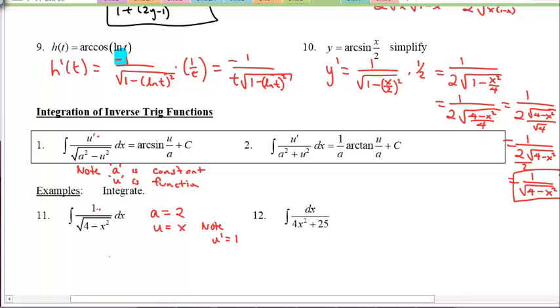So what does this all mean? It means I can directly apply formula number 1 and find my answer as the arcsine of u, which is x, over a, which is 2, and then plus c. And notice how arcsine of x over 2 is what I actually started with over here in example number 10.